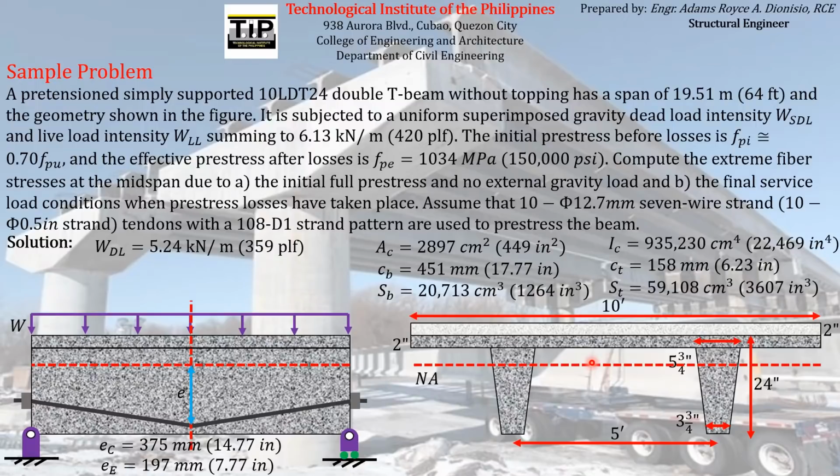So you can expect from now on that we will have very long questions with many details, because that is how pre-stressed concrete design works. You need much information to be able to analyze and design pre-stressed concrete members.